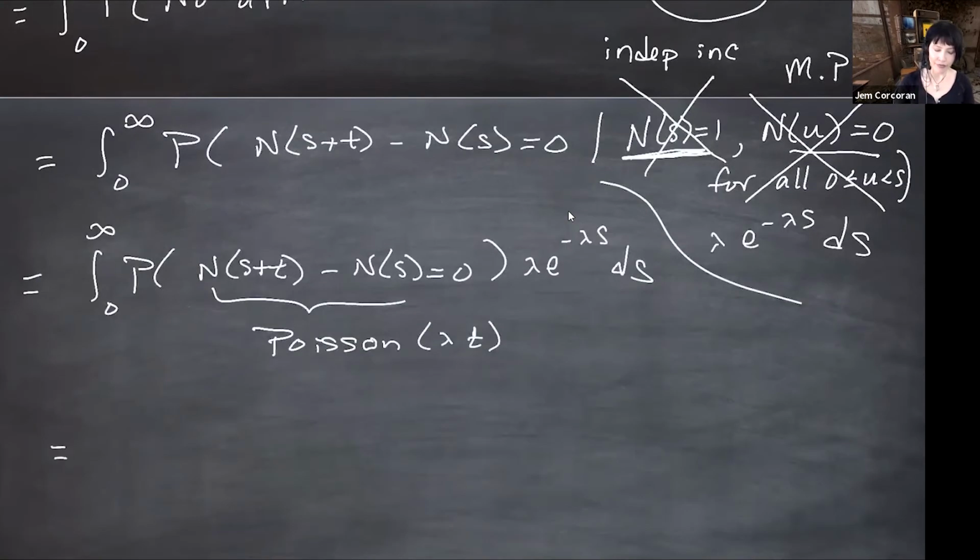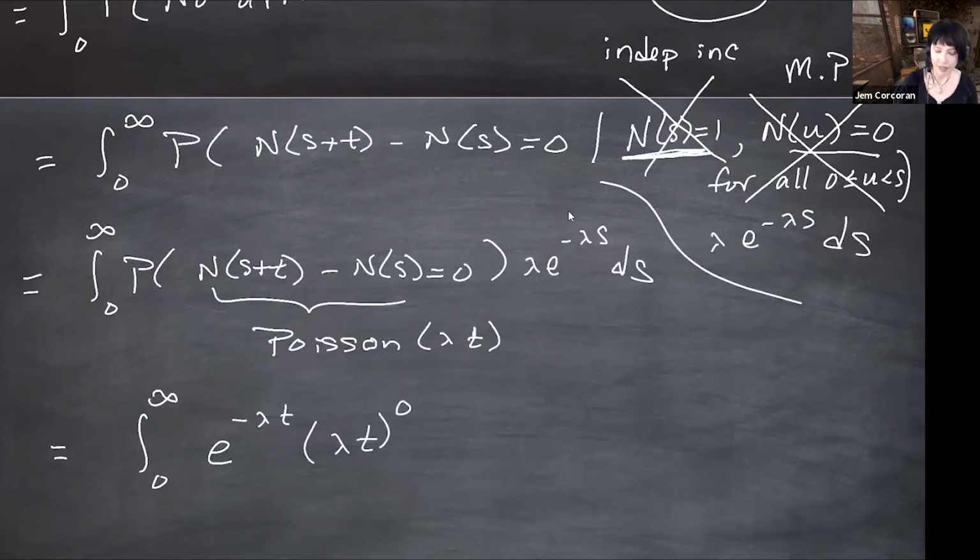So this is the integral 0 to infinity of e to the minus lambda t, and then lambda e to the minus lambda s ds.